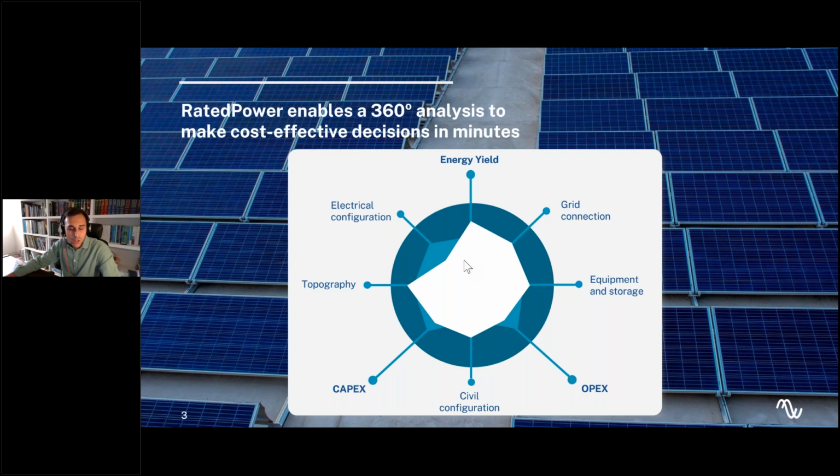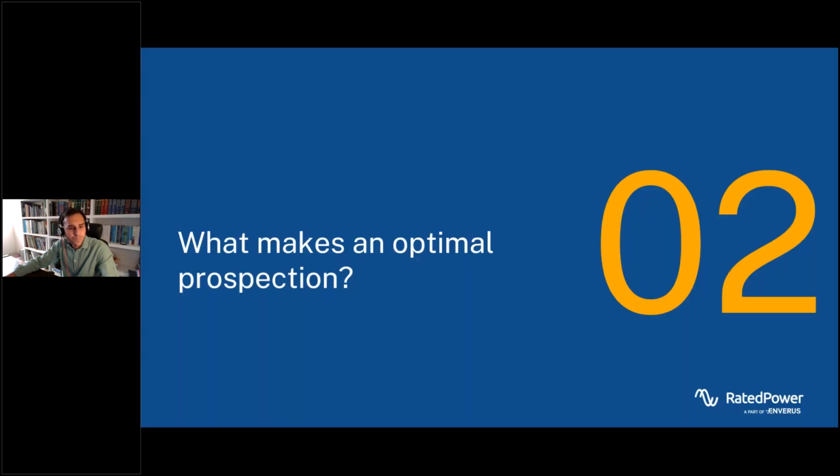But in this session, what we are going to cover is optimizing a specific parameter, a really important indicator which encompasses every single one in a PV plant design process, which is the LCOE. This is the important factor that we are going to be optimizing in our designs.